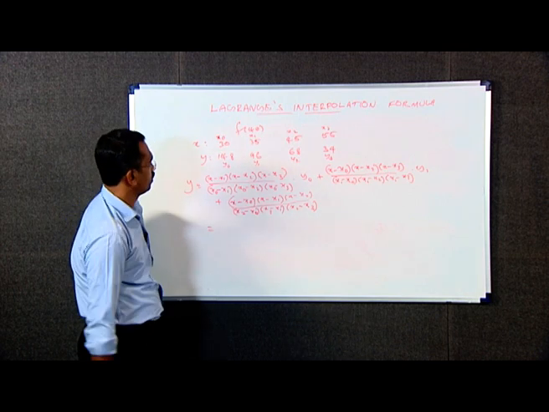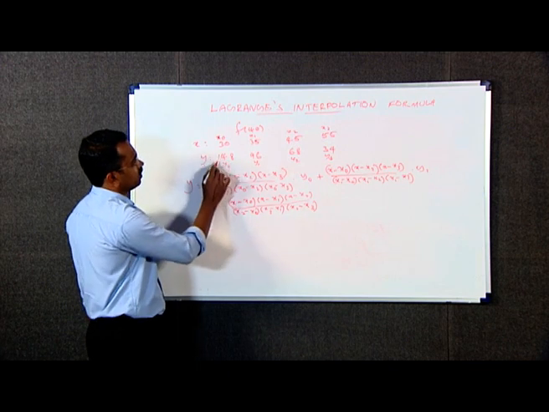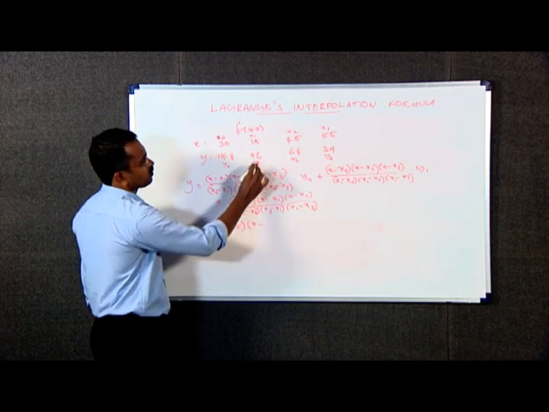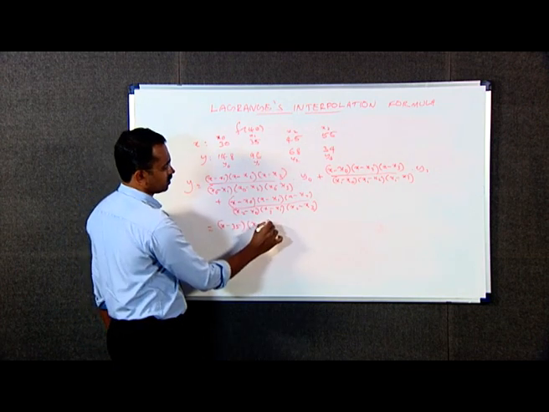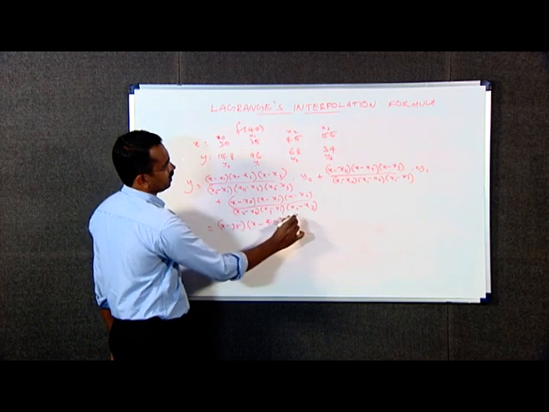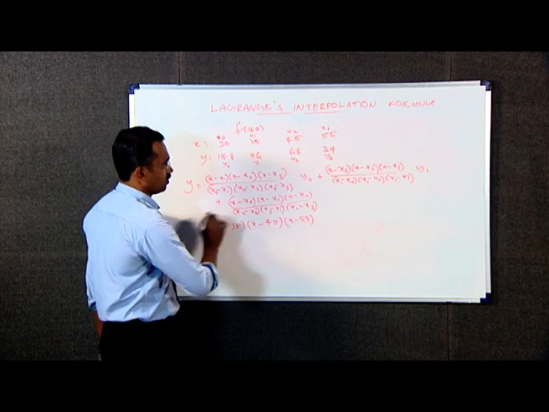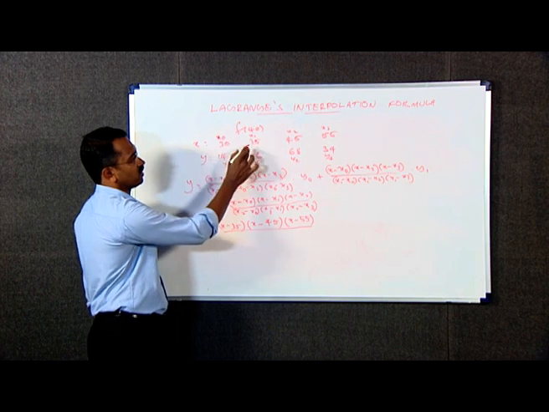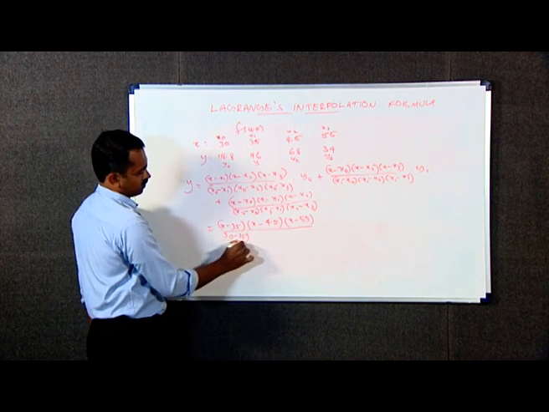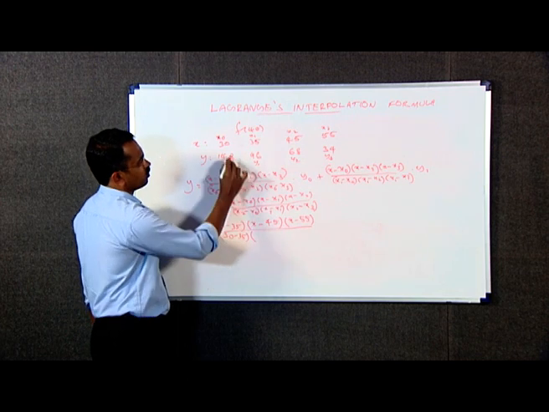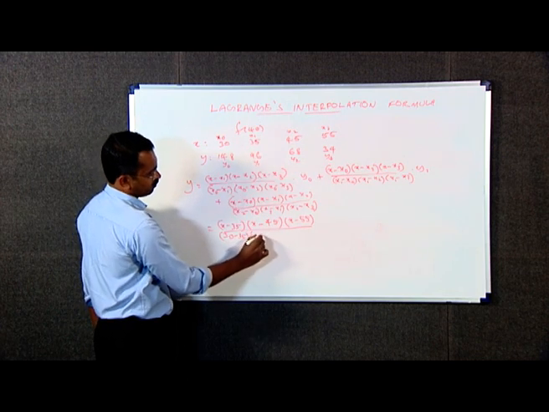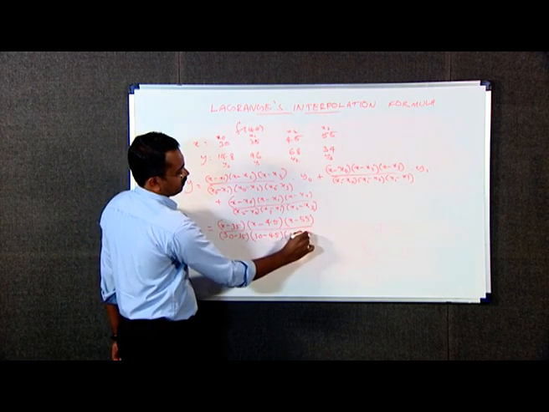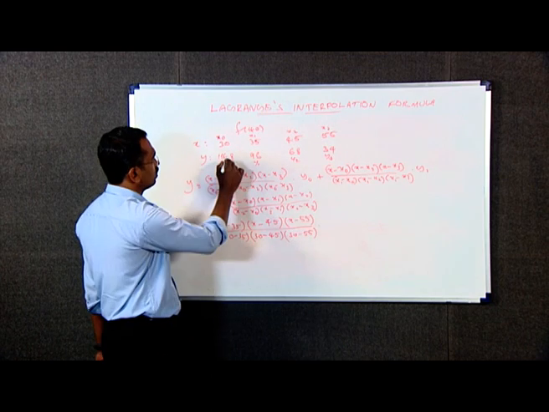Which is equal to: x minus x1, here x1 is 35, so (x minus 35) into (x minus x2), x2 is 45, that is (x minus 45) into (x minus 55), divided by x0 minus x1, that is 30 minus 35, into x0 minus x2, 30 minus 45, into 30 minus 55, into y0, here 148.